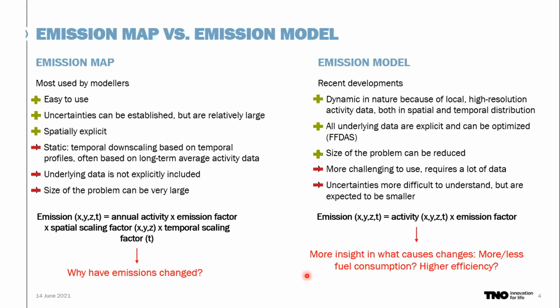Is it related to an increase or decrease in fuel consumption or activity data, or maybe our homes are insulated better or whatever? And this kind of information is very interesting for policymakers, also to assess the efficiency of emission reduction policies.